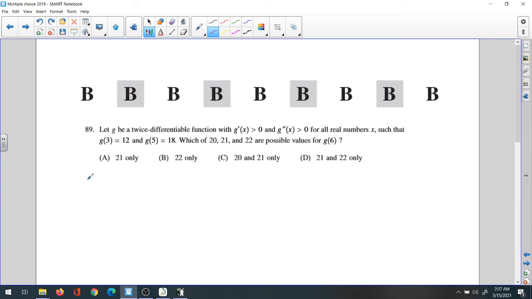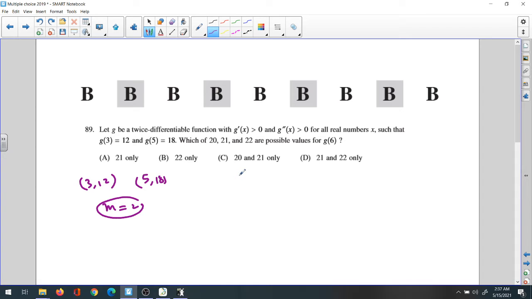We have 2 points, (3, 12) and (5, 18). To find the slope, subtract y's, 18 minus 12 is 6, subtract x's, 5 minus 3 is 2, 6 divided by 2 is 3, so the slope is 3. So m is 3, the slope.